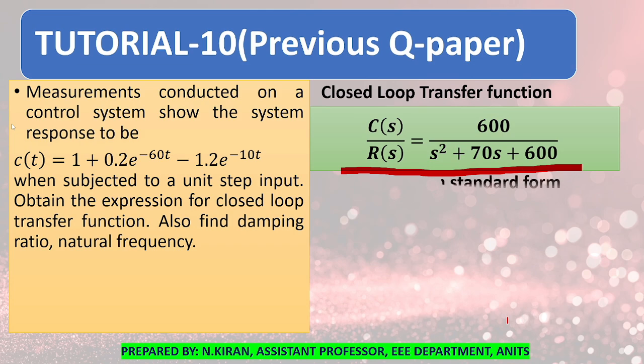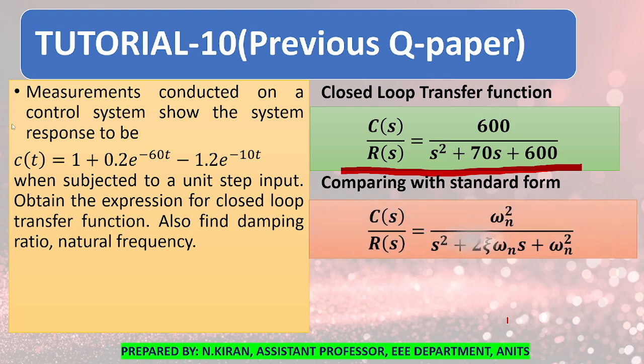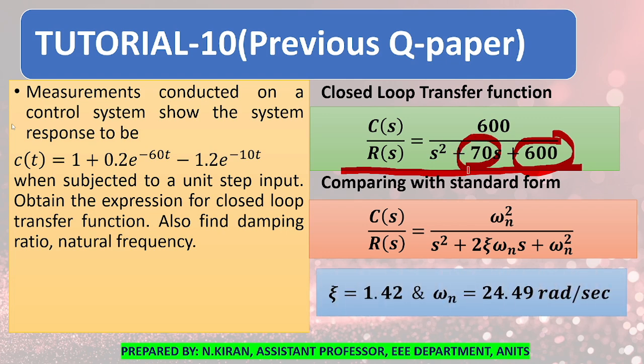Now comparing this with the standard form, omega n square by s square plus 2 zeta omega n s plus omega n square, omega n square is 600 and 2 zeta omega n is 70.